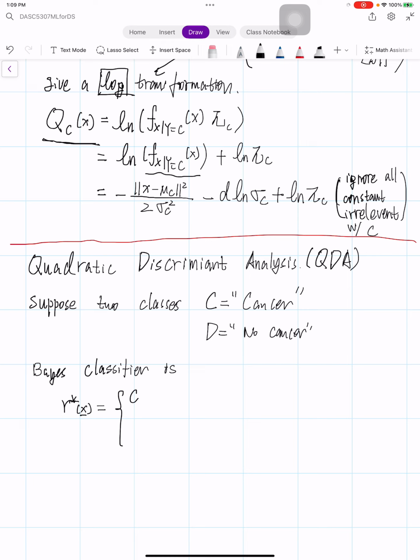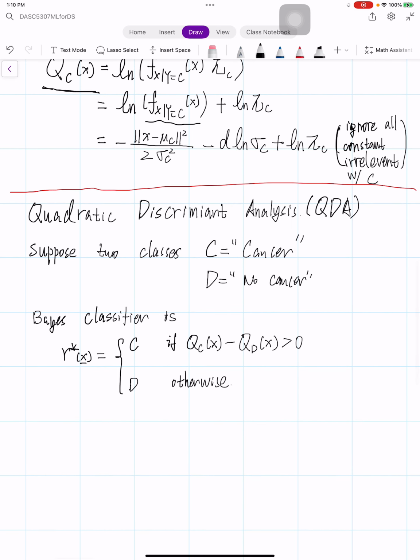We predict C if the Q function of the class C given this X is greater than the value of the Q function at the other class D. Otherwise we predict the class D. So in other words, we pick the class with the biggest posterior probability.